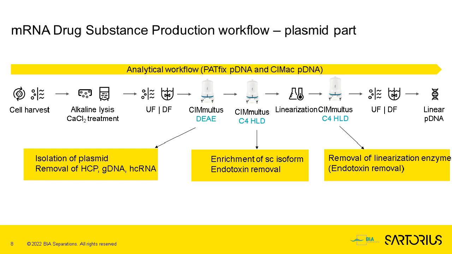And in this process step, you will isolate the plasmid and remove the majority of host cell proteins, genomic DNA, and host cell RNA. And then this will be followed either directly by linearization, or if need be, and if internal specifications so require, the plasmid can be directly purified by hydrophobic interaction chromatography, C4 or butyl column, to enrich for supercoiled isoform and remove endotoxins before going into linearization.